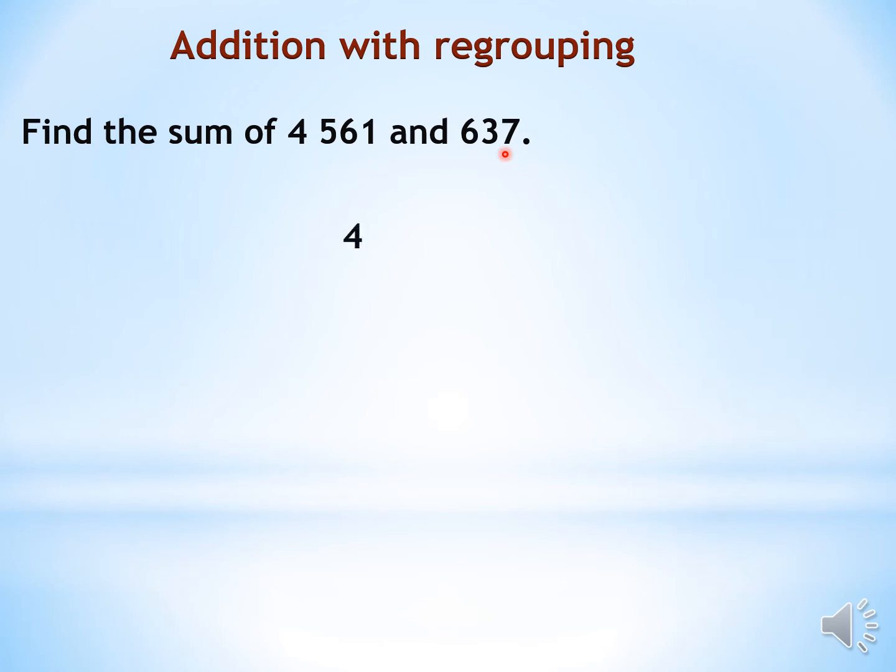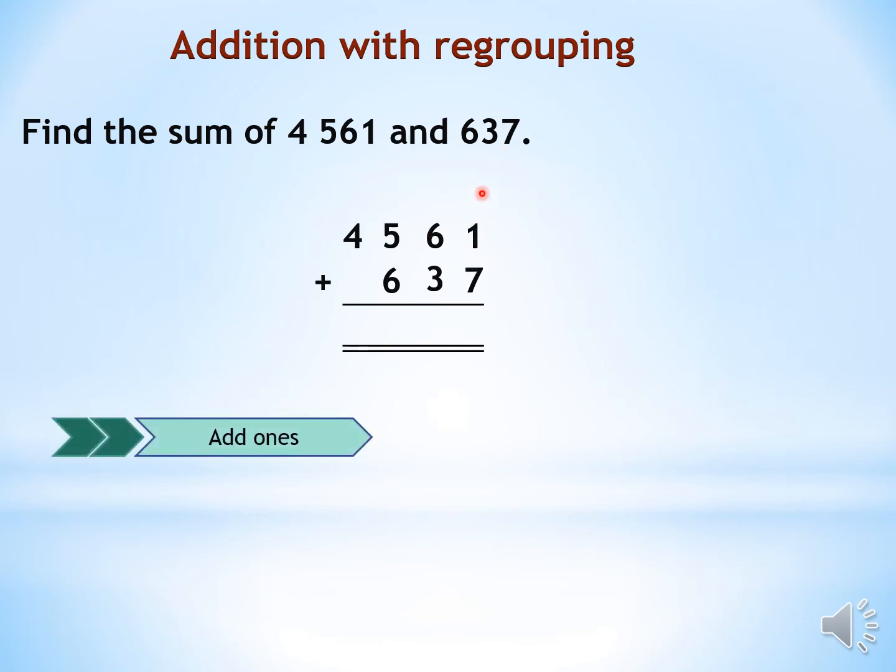To get the sum, we will write them both here. Okay, now tell me from where do we have to start? Yes, we start from the ones place. 1 and 7 ones, 8. Now adding tens, 6 and 3 is 9.